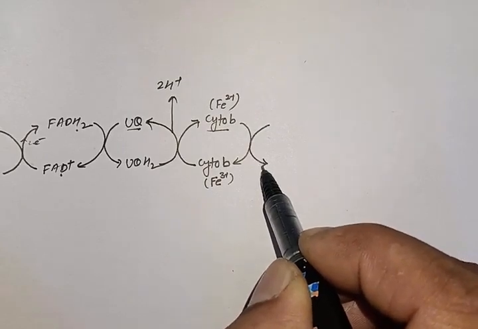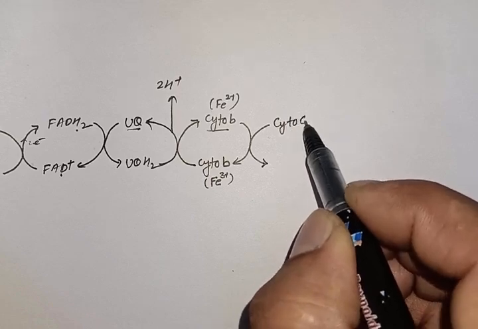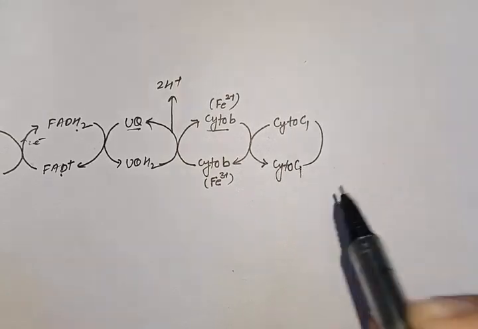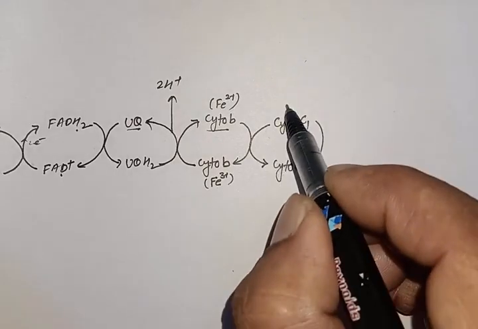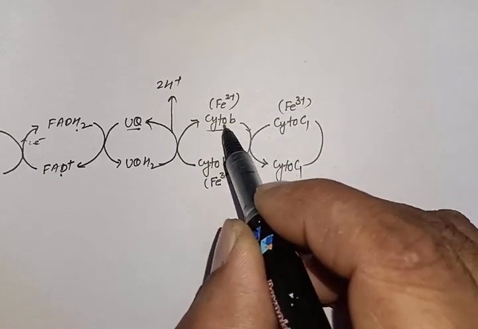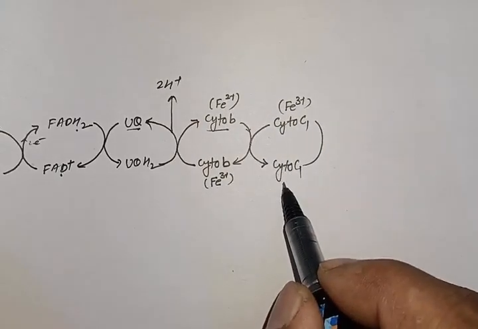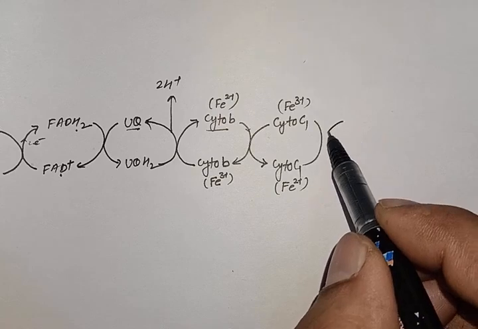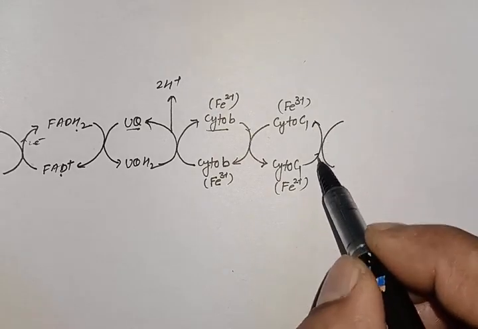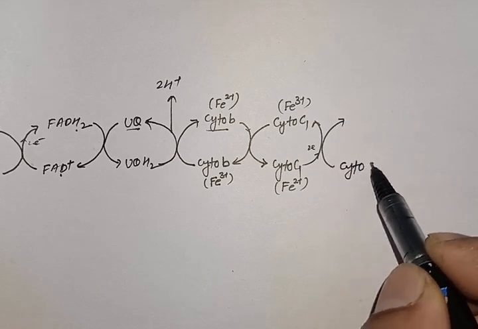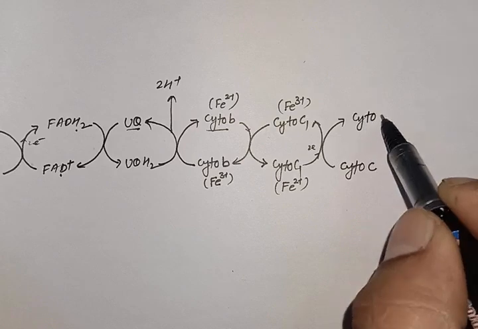And we know very well that the cytochrome has Fe plus 2 and Fe plus 3 in its center. So it changes into the reduced form of cytochrome B, and this reduced form has Fe in the plus 2 oxidation state. Reduced cytochrome B is again oxidized by transferring these two electrons to cytochrome C1.